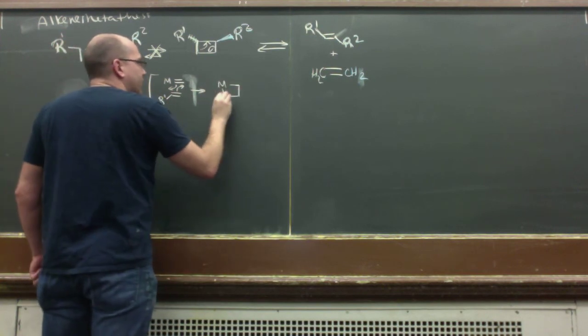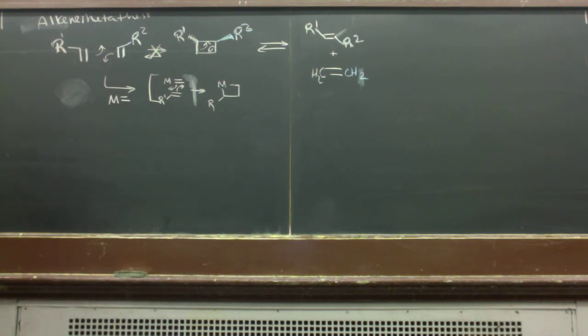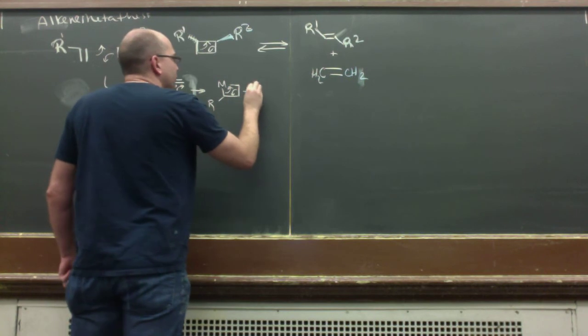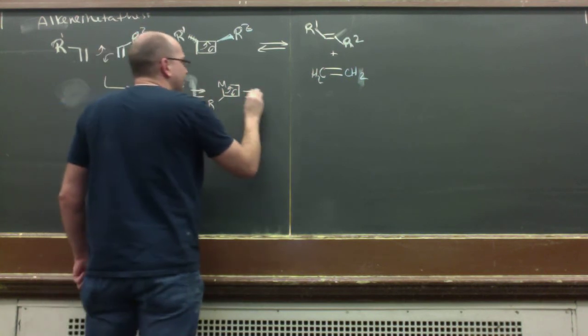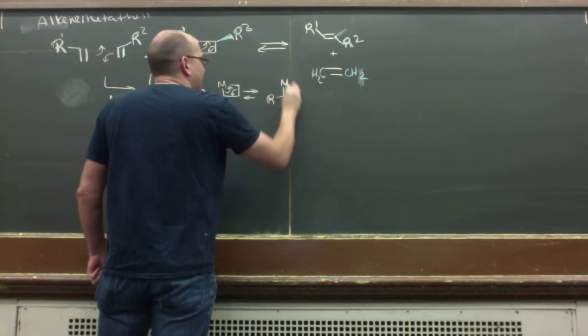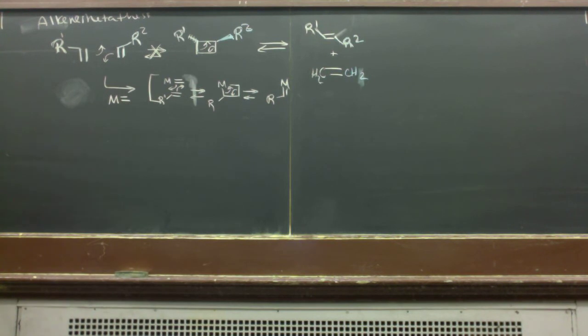Generating a metallocyclobutane. Okay, so this metal can do this. And everything's going to be reversible here. Right? And then what you end up getting is now a new metal carbene when you go through this process.